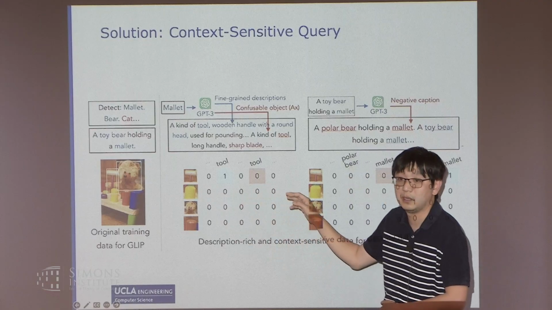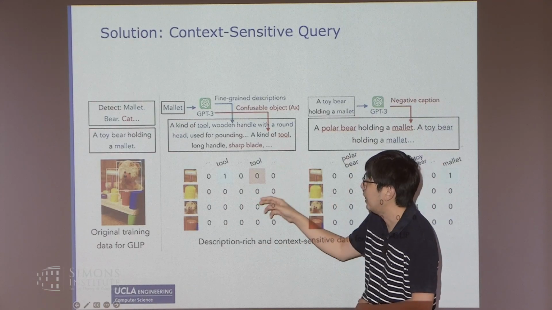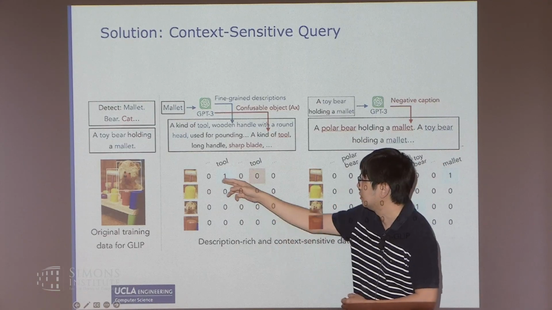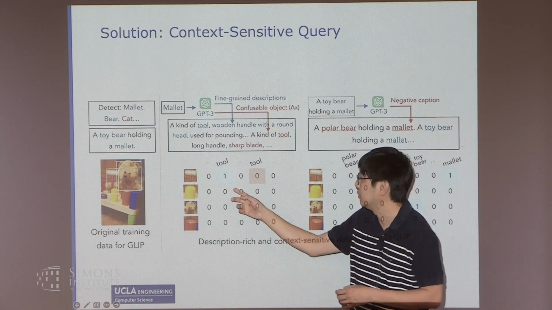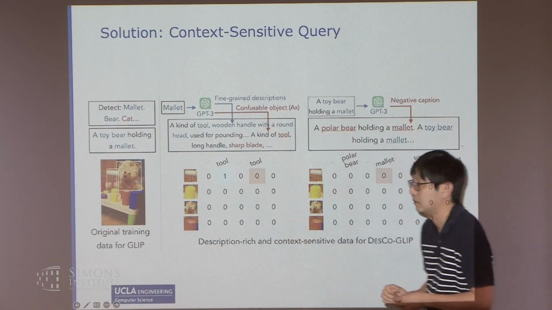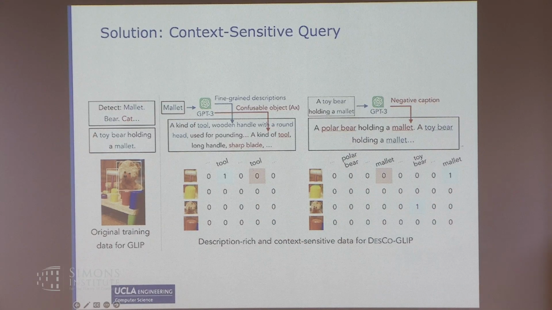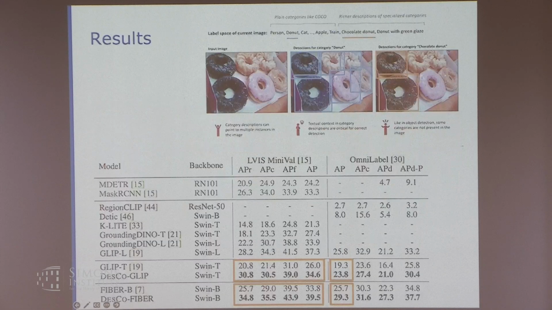That forces the model to capture those contexts to distinguish the two, because they are the same word, but one is aligned and one is not. Okay, that is the key idea, and we will apply this key idea in other places later in the talk. But we find that this simple approach can improve the model a lot.